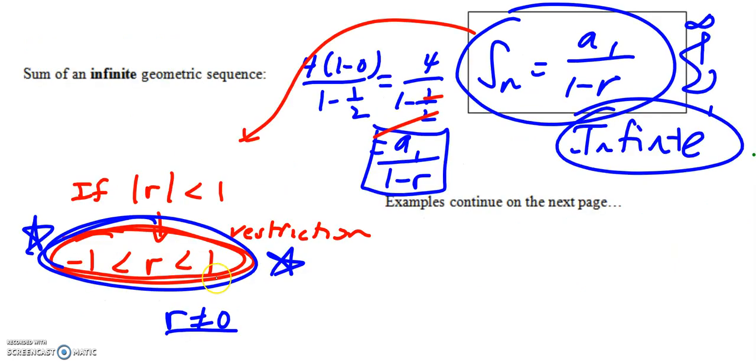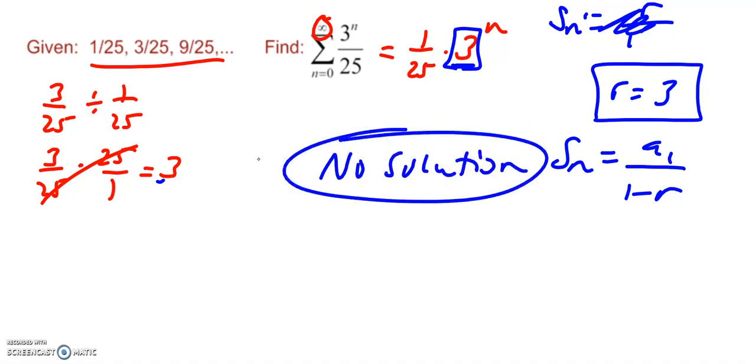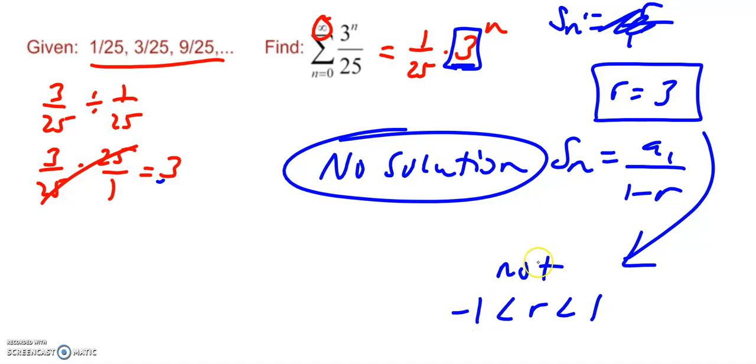But because r equals 3, I am not allowed to use this, which means that it does not converge, so the answer would be no solution. Okay, so you can write yourself your note that it is not between 1 and -1, so that means I cannot use this formula. So I know that it diverges, and the answer is no solution.